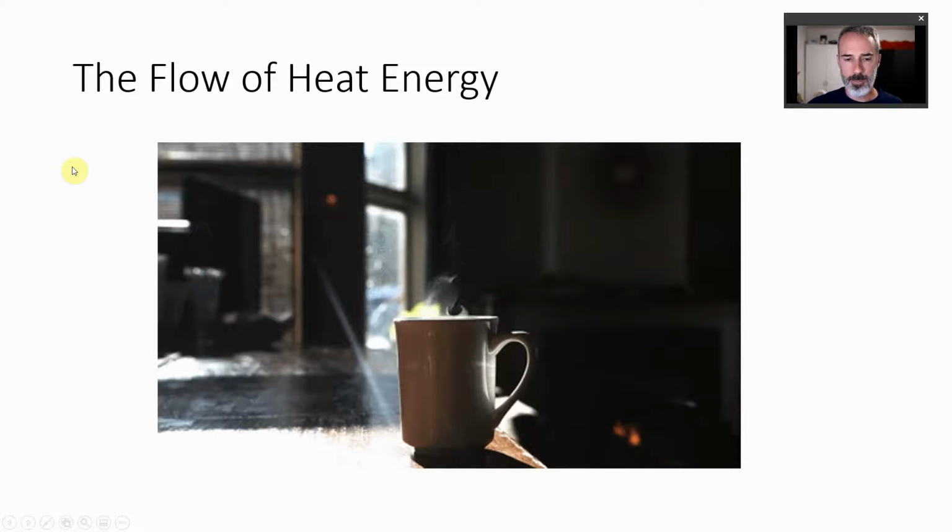Okay, so let's look at some heat energy. If you have a coffee cup sitting on the table, obviously that coffee cup is pretty darn warm, right? And if you imagine putting your hand around this thing, you probably have a feeling for the direction of flow of heat because heat energy flows in a very specific direction.